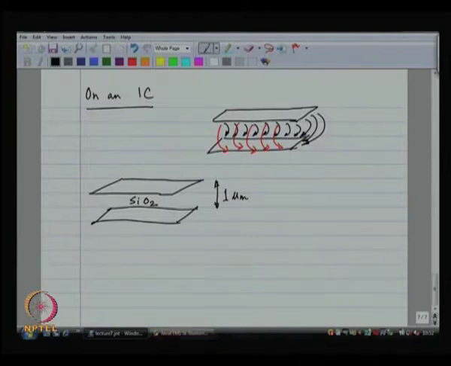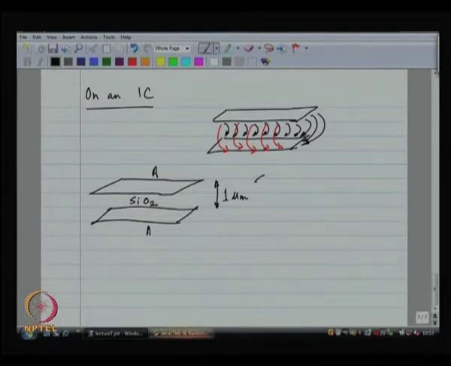So, silicon dioxide is a known material that is usually used to insulate all the different metal layers, and it has a known dielectric constant of 3.5 or so. You create the area on the top metal layer, you create the area on the bottom metal layer, and you have created a capacitor.